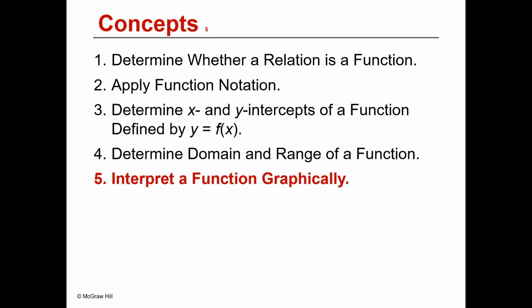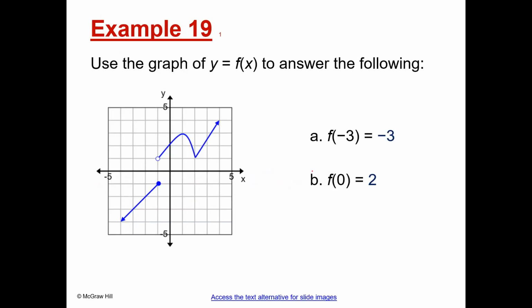The last part in this lecture, we're going to interpret a function graphically. We have this function y equal to f of x, and we need to find f of minus 3. So this is the function. What does that mean? This means that x is equal to minus 3.